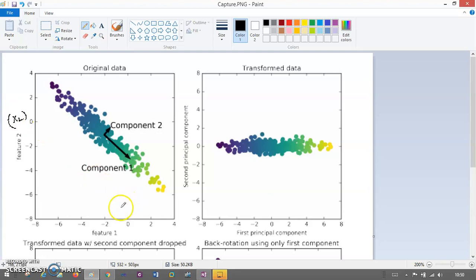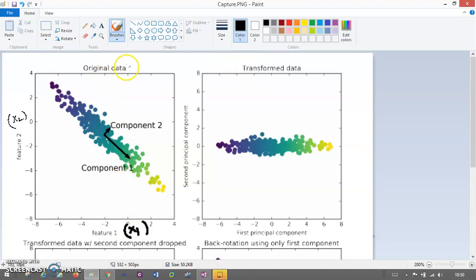Let me just change the brush here. I'll try my best. This is my x1.